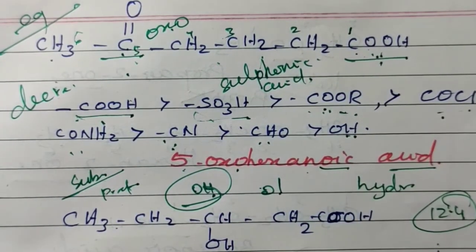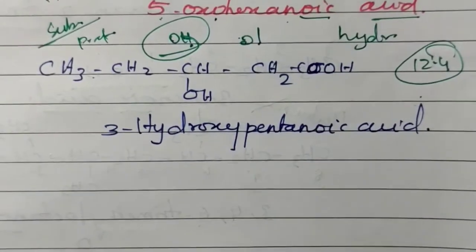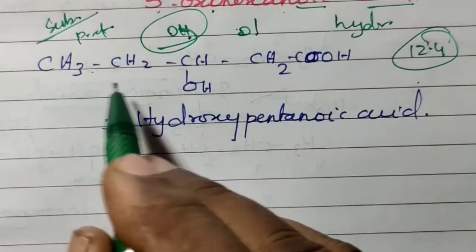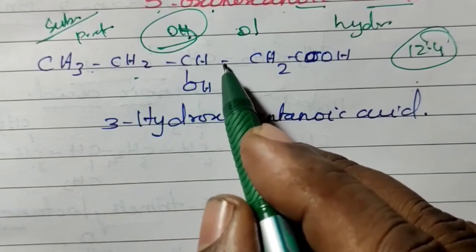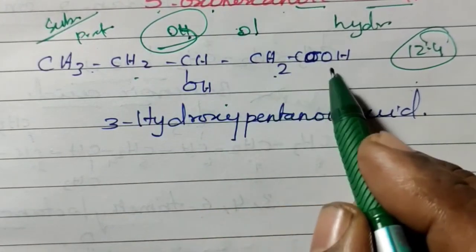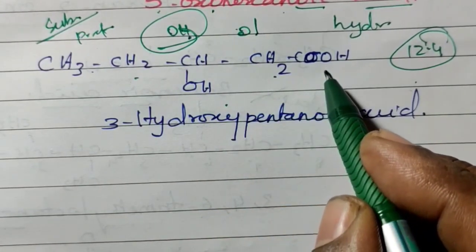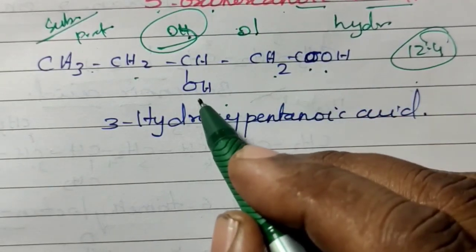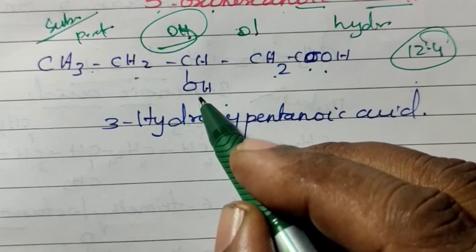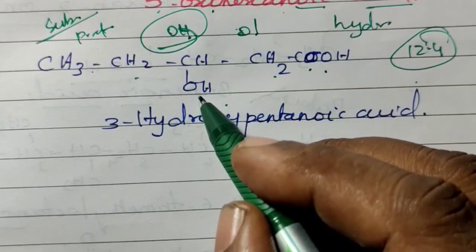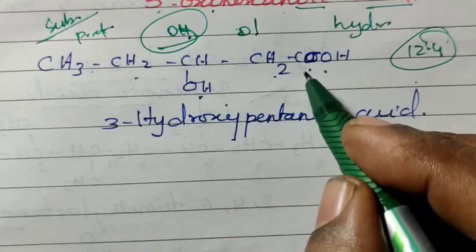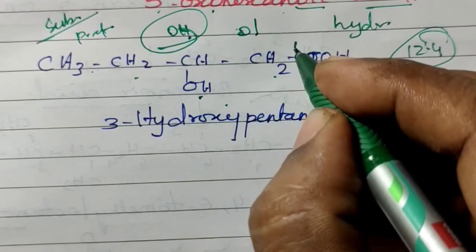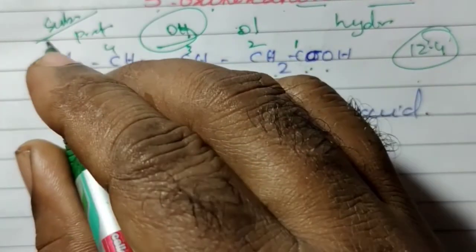Write the name of this compound: CH3, CH2, CHOH, CH2, COOH. Here two functional groups are present: carboxylic acid and OH group. So as per the order of priority we studied, the carboxylic acid acts as the functional group. So it should get the least number: 1, 2, 3, 4, 5.